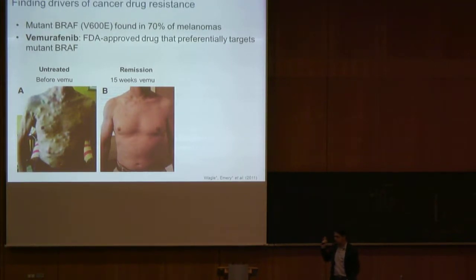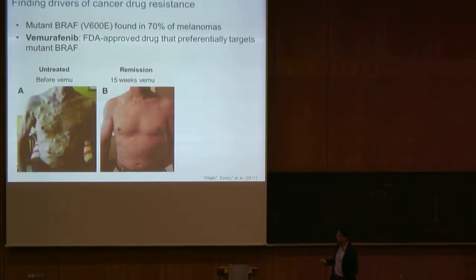So mutations in the BRAF gene, specifically this gain-of-function mutation, are found in up to 70% of melanomas. It's by far the most common driver mutation in melanoma, skin cancer, which is also a very common, very mutagenic cancer. And this kind of now famous example from data from Levi Garraway's lab I'm showing here of drug resistance.